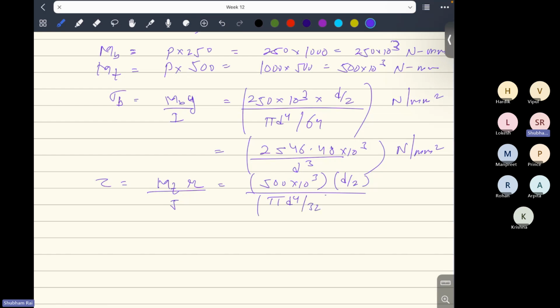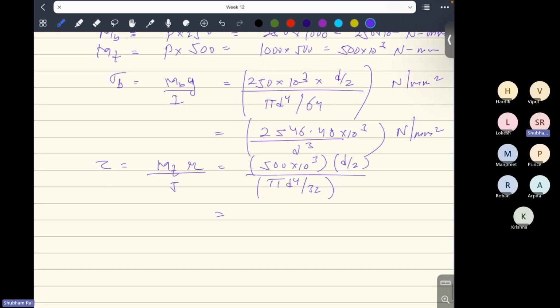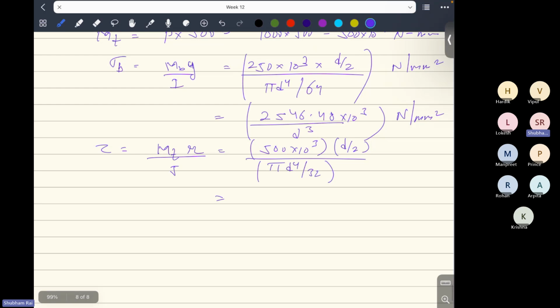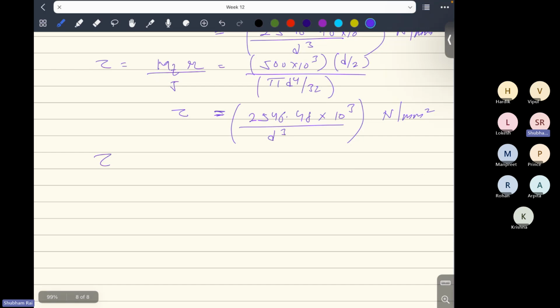So finally, this also you will get as 2546.48 into 10 power 3 divided by d cube, which is in Newton per mm square.